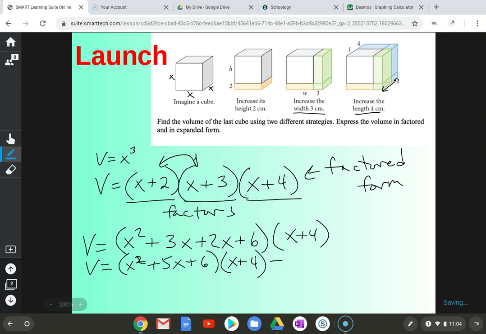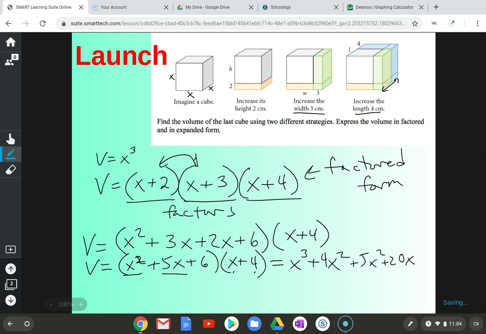Now I have to multiply a trinomial times a binomial. First I'm going to multiply x squared times both of these terms, so I get x cubed plus 4x squared. Then I'm going to multiply 5x times both of these terms, so plus 5x squared plus 20x.